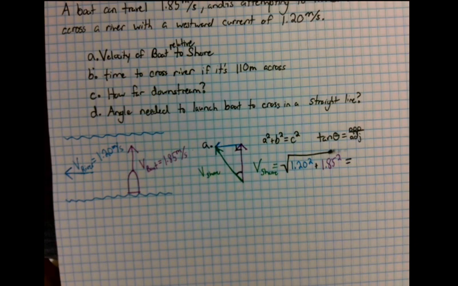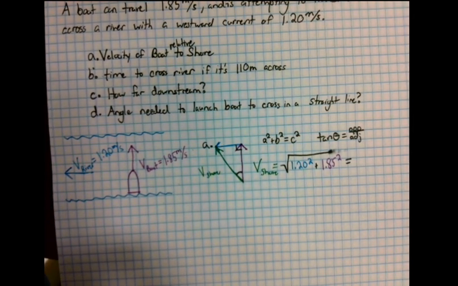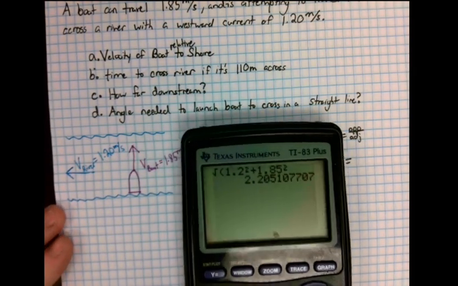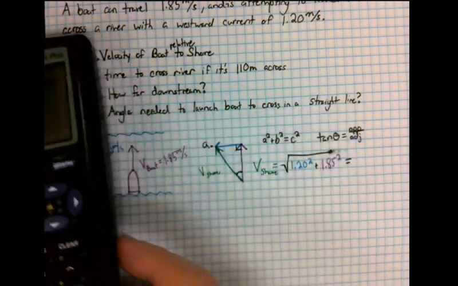So we're just going to plug that into our handy dandy calculator. Square root of 1.2 squared plus 1.85 squared. You get, according to my calculator, 2.205.